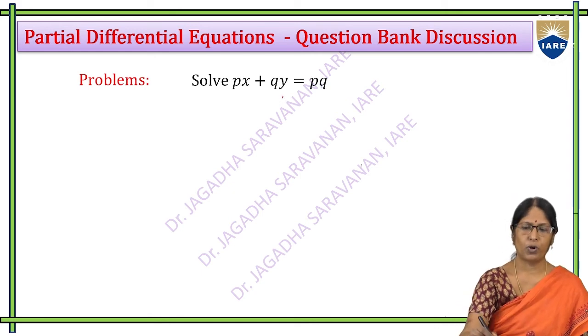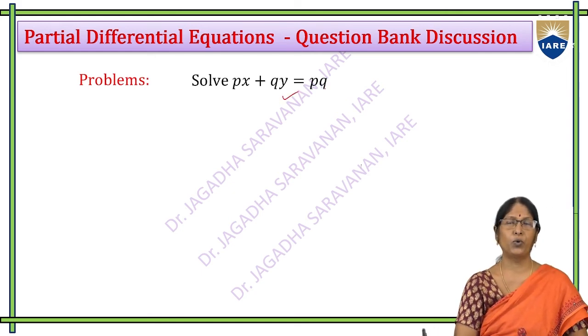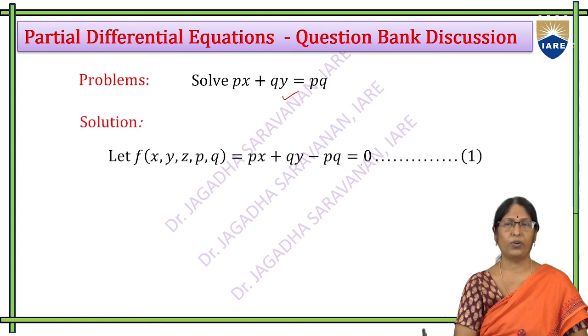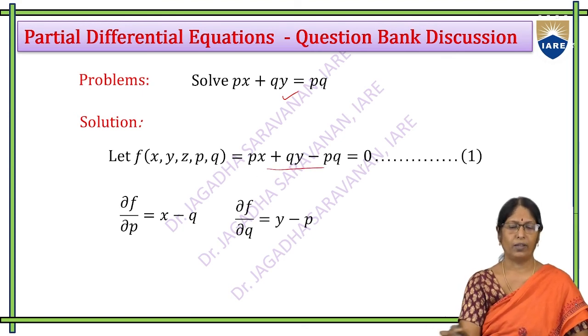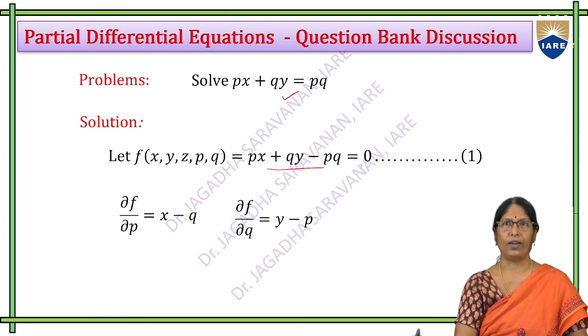Now, if you take px plus qy equal to pq, it is a non-linear equation. All 5 variables are there: p, q, x, y, and z also. In this particular question z is not there, but f is a function which is defined.